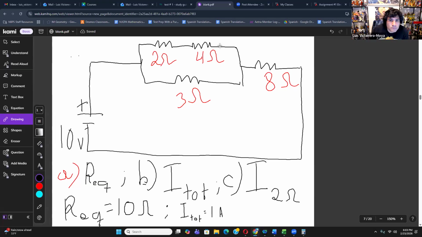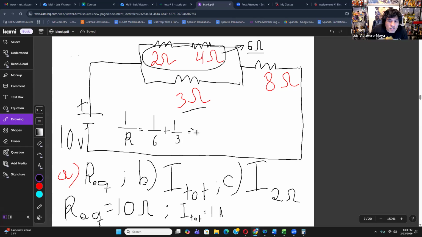Okay, so these two are combined. I kind of already showed it with a previous example, right? It's the same setup. You add these two into 6 ohms. And then you have this and this in parallel. So 1 over R equals 1 over 6 plus 1 over 3.